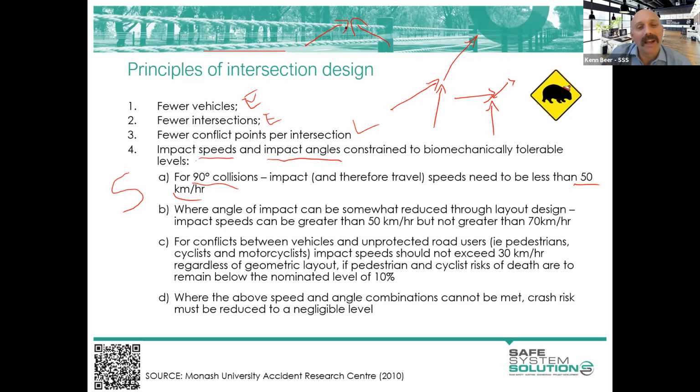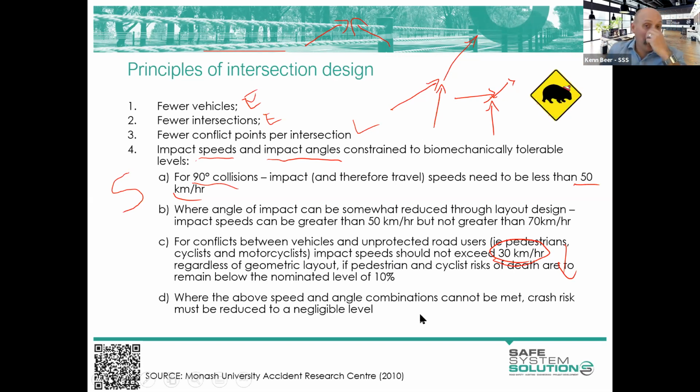If you give it a bit more angle on it, you can probably go up to around the 60 kilometer per hour mark. This is passenger vehicle to passenger vehicle crashes I'm talking about. And really that head-on's around that 70 as a threshold limit. If we start to get vulnerable road users involved in any of this, we're talking 30 kilometers per hour or below as that collision speed we're certainly aiming at, and that has lower likelihood of death or serious injury.